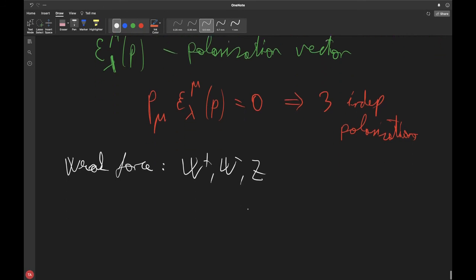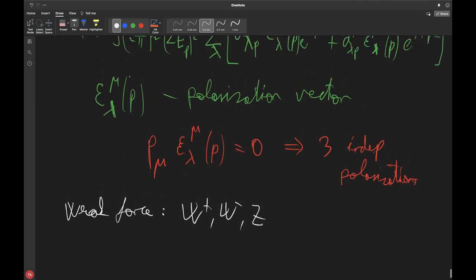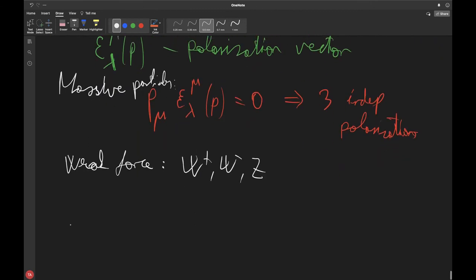When we have the massless case, then the gauge symmetry can be further exploited to eliminate one more polarization, which leads to 2 cases. So I should have said it here that for massive particles, we have this, and then this is an example.